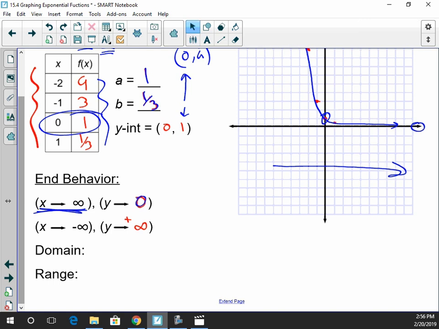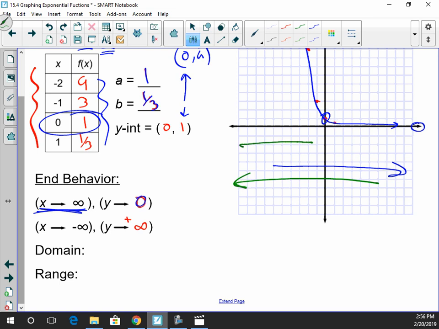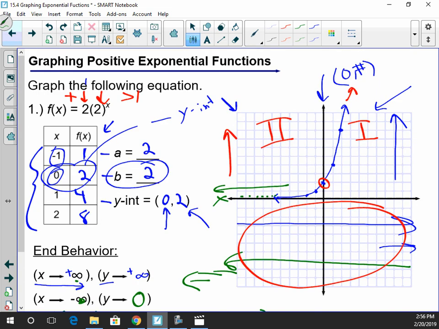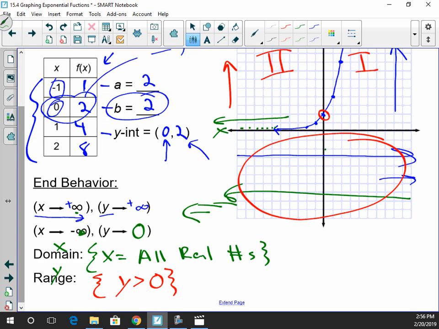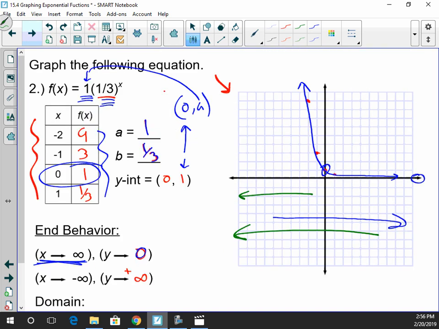And let's head in the opposite direction. What happens as x approaches negative infinity? So as the graph heads this direction, what does the y value do? Well, in the last graph, as we headed this direction, it got closer and closer to 0. This time, the graph is going the opposite direction, and it's heading up and up and up.